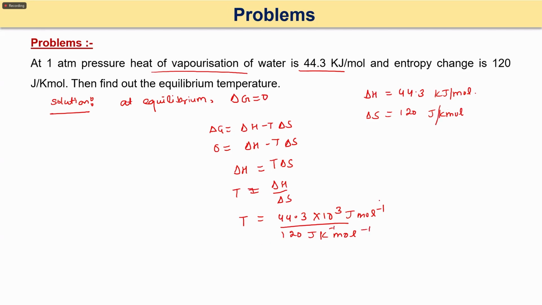So if you solve this, per mole will get cancelled out, joule will get cancelled, and the Kelvin inverse will go above and become Kelvin. So that is 369 Kelvin. Okay, so this is the equilibrium condition, which is 369 Kelvin.